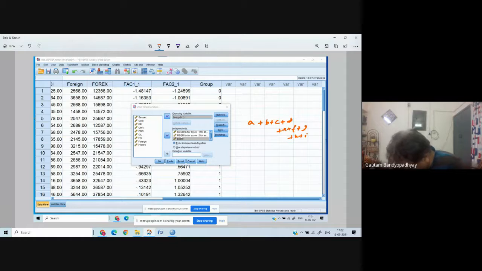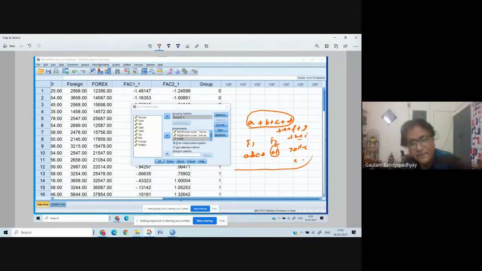Then what I have done: ABCD is the factor 1 score, EF is the factor 2 score, G is the dollar, and the other two are these. So this is called feature extraction.